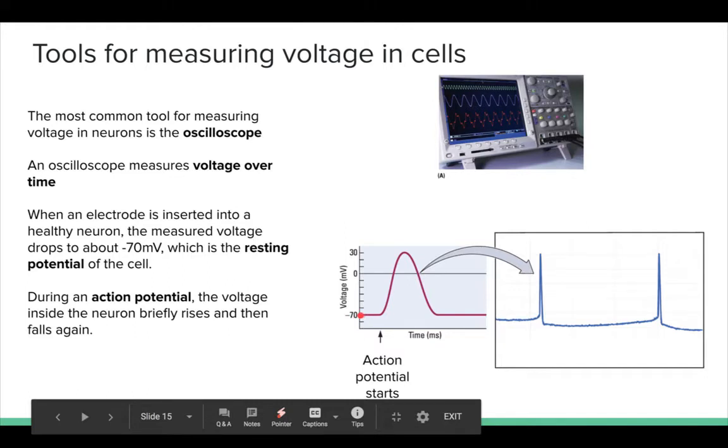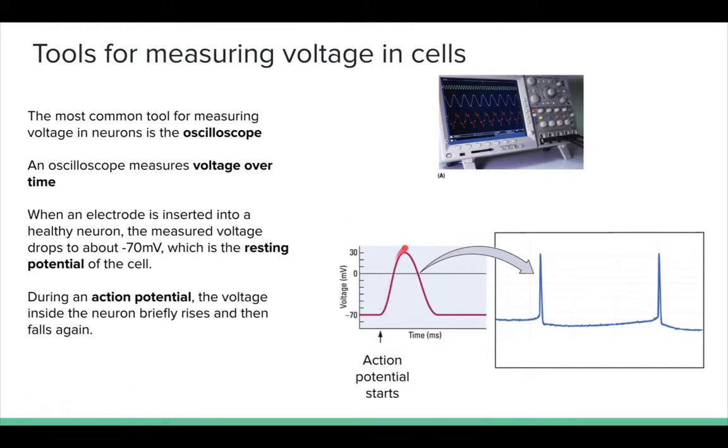You'll see the voltage briefly leap up and go anywhere, it can reach 0 or even go above 0 to a positive voltage level, meaning that there's momentarily a net excess of positive charge inside the cell. And then you'll see it very quickly drop back again to this lower level. This low resting level here, this approximate -70 level, is called the resting potential. And this brief leap and drop that we see is called the action potential.